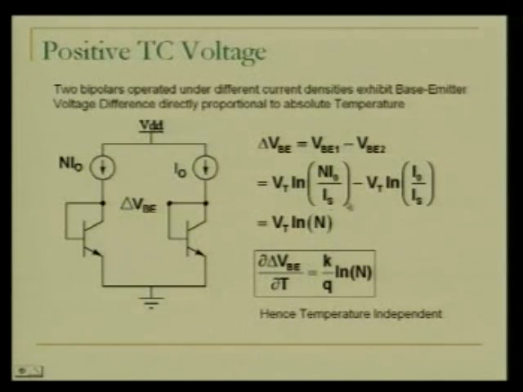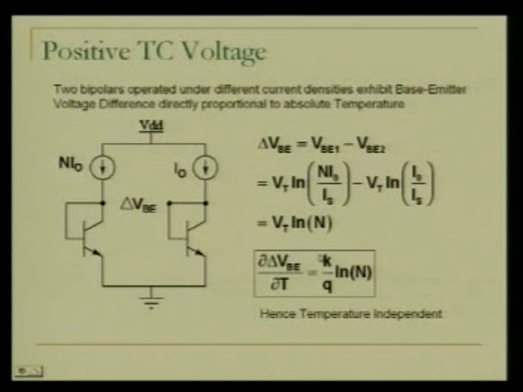I have written the standard equations, and you can find here that Vt ln n, where n is a multiplying factor. The gradient of this voltage difference is k ln n by q. All the terms are positive here. Clear?